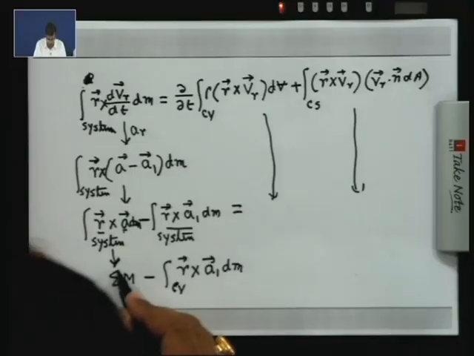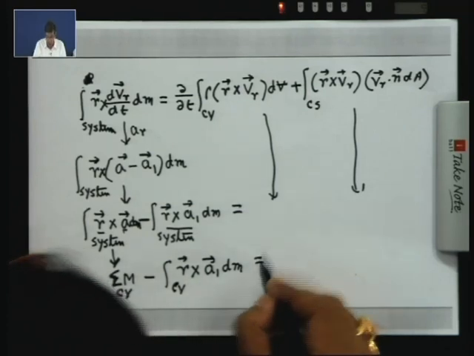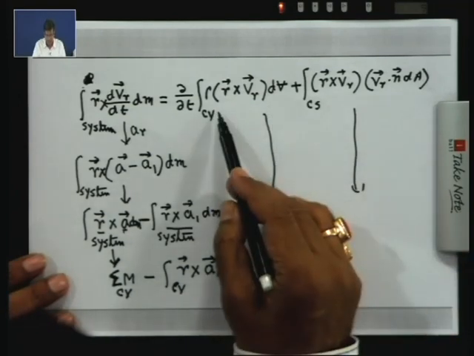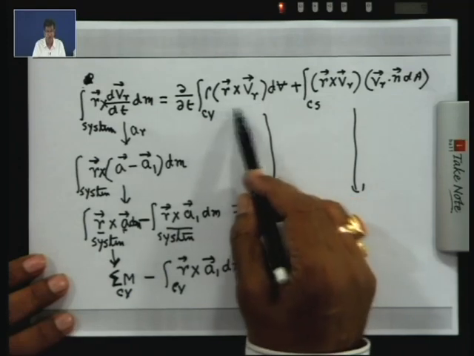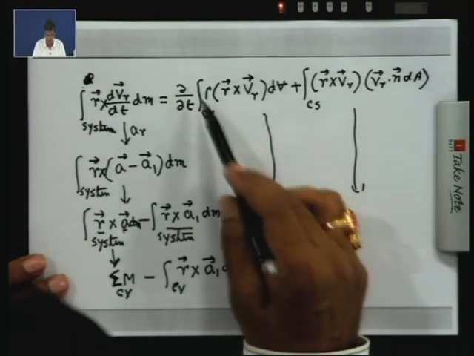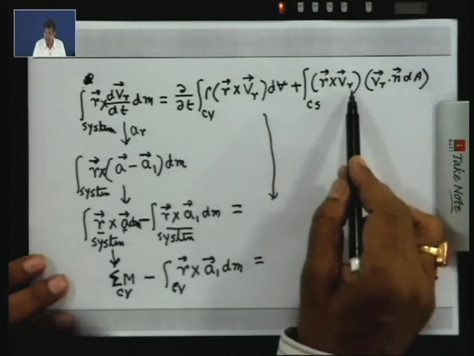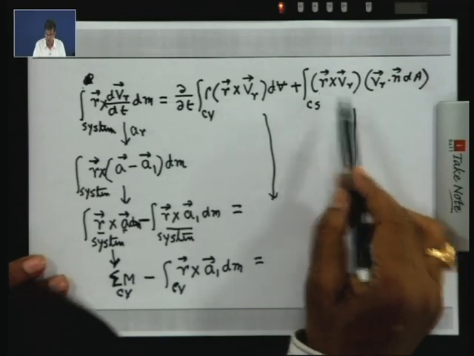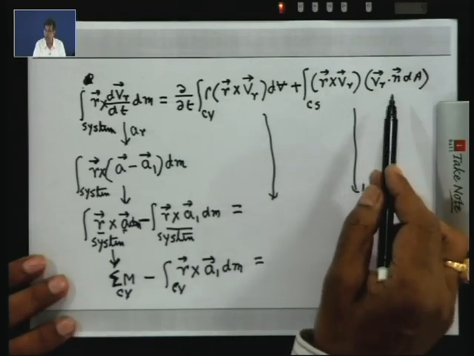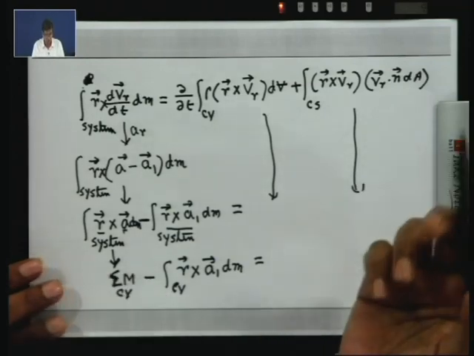So sigma m, the moment acting on the control volume, minus this, equals the rate of change of angular momentum within the control volume, where the angular momentum is described in a non-inertial or moving frame of reference, plus the net rate of angular momentum flux from the control volume, where the angular momentum is described with respect to the non-inertial or moving frame of reference.